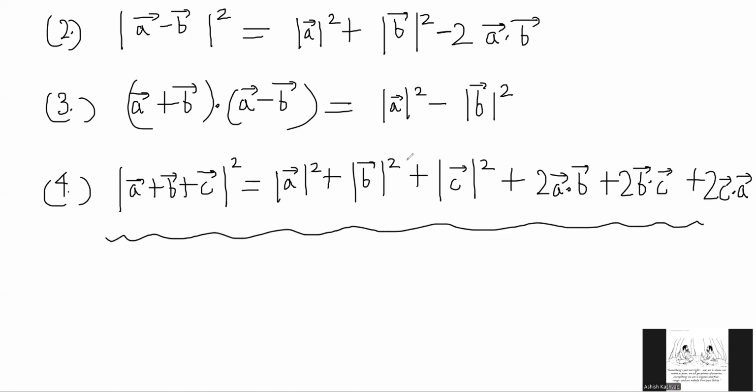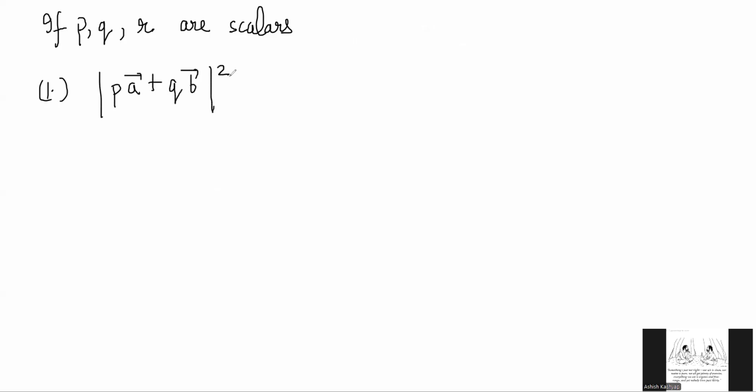Now these are standard results. You should know how to get these results and also prove them, right? Now, corollaries to all of this is if you add scalars to the same results. So if P, Q, R are scalars, we can find out what is mod of PA plus QB whole square.